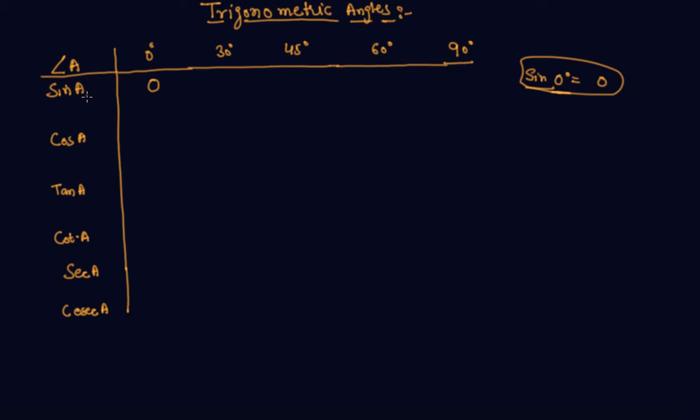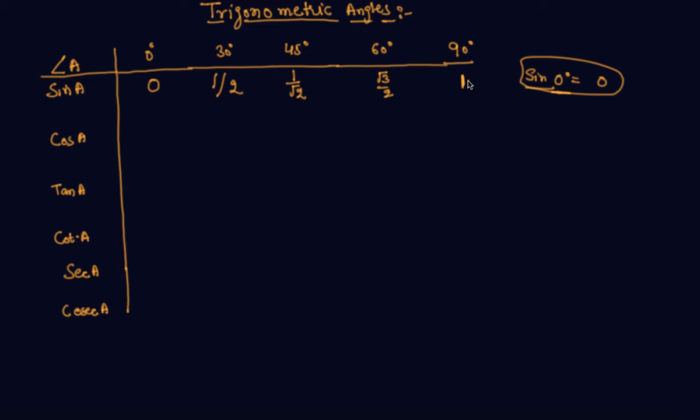If I am writing sine A against 30, it means the value of A here is 30, so it is the value of sine 30, which is half. Sine 45 is 1 by root 2, sine 60 is root 3 by 2, and sine 90 is 1. So please do remember that the value keeps on increasing from 0 to 90 for sine.